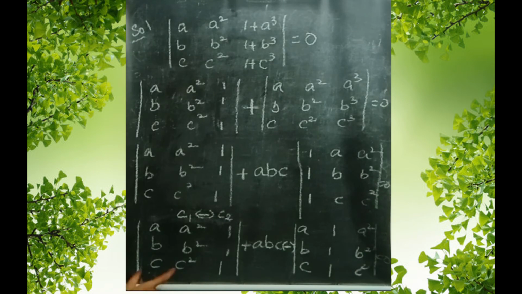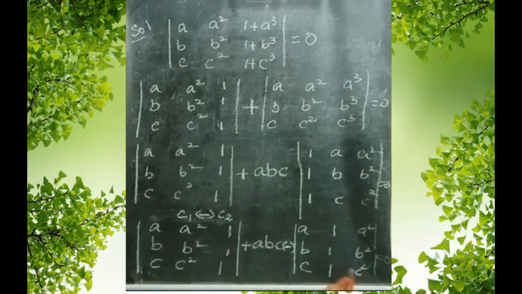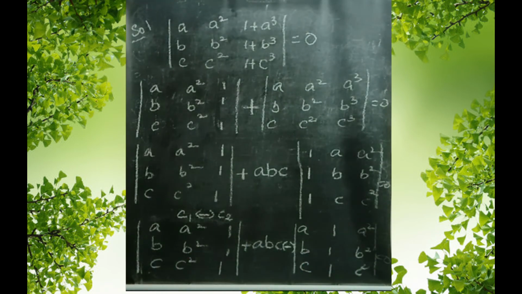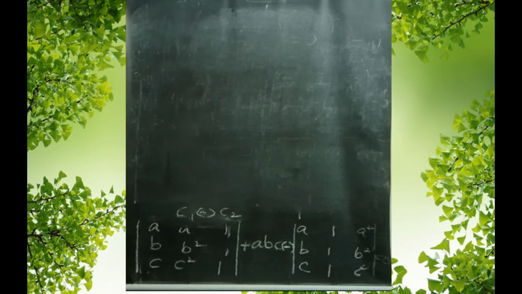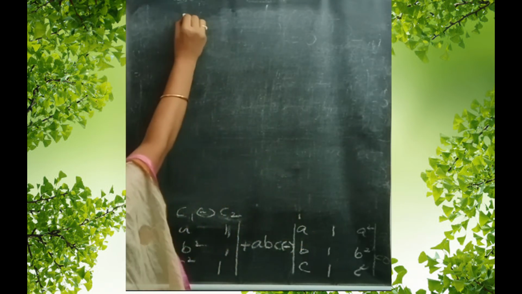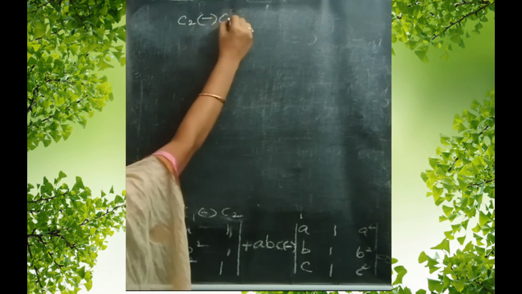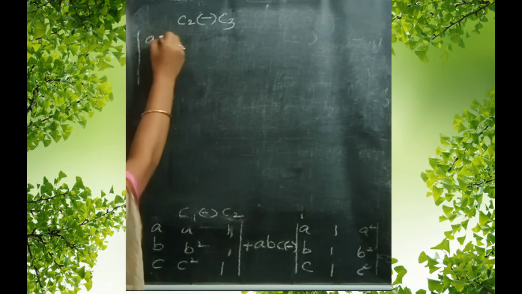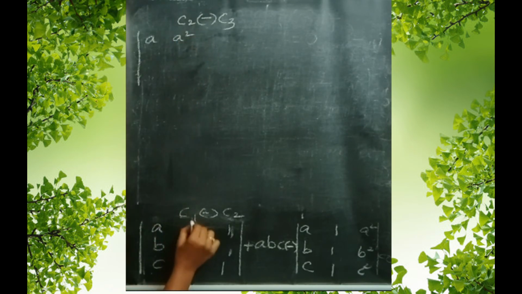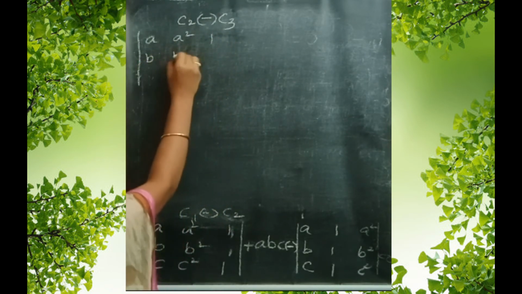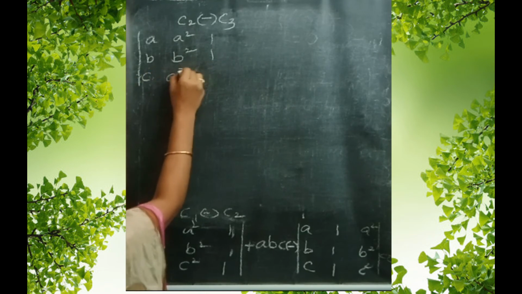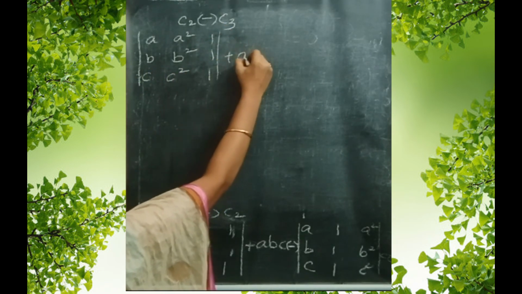Now ABC is okay. To get A square, B square, C square, 1, 1, 1, what do we have to change? We have to change C2 tends to C3. So the next step is C2 tends to C3. So A square, 1, B square, 1, C square, 1, plus ABC.